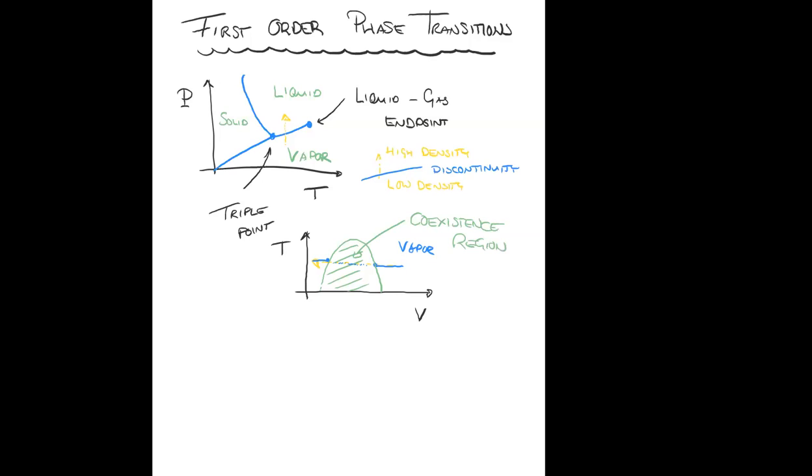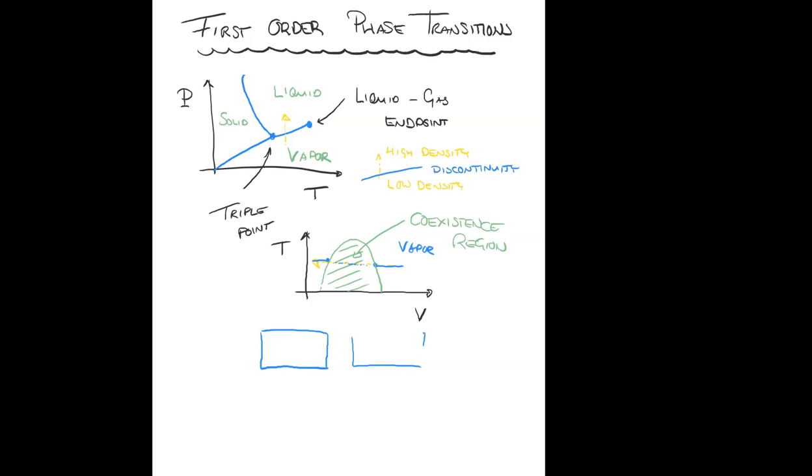And indeed, it's a phenomenon that you see all the time. If you actually boil a liquid, you don't have a pot of water that spontaneously changes to all gas. What you see is that bubbles start to appear. So the way that you can have systems in this coexistence region is that the mean density is in this forbidden regime, but the mean density is realized by bubbles of the low density phase inside the high density phase, or the other way around.